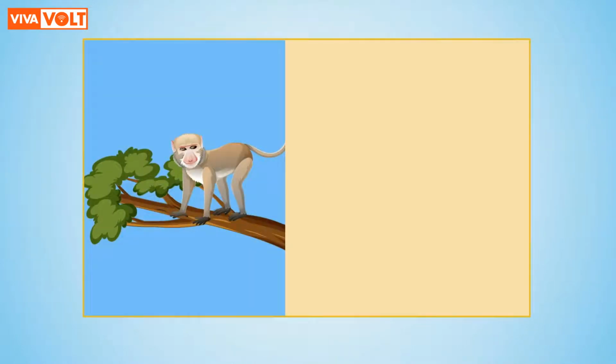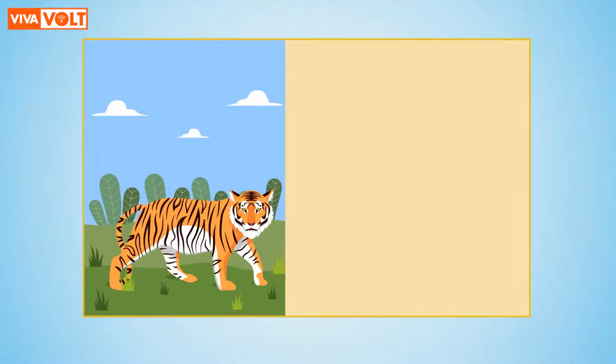Let us go to the zoo and learn the names of some more animals. What is the name of this animal? Monkey. And what about this animal? Do you know what it is called? Tiger.